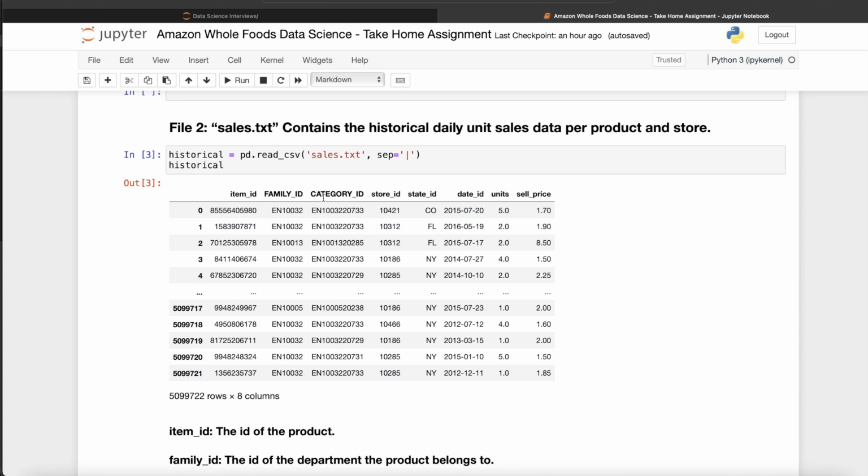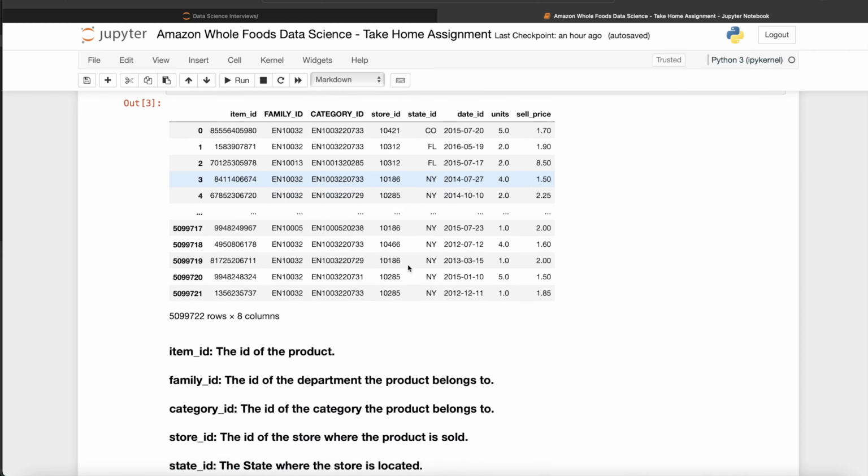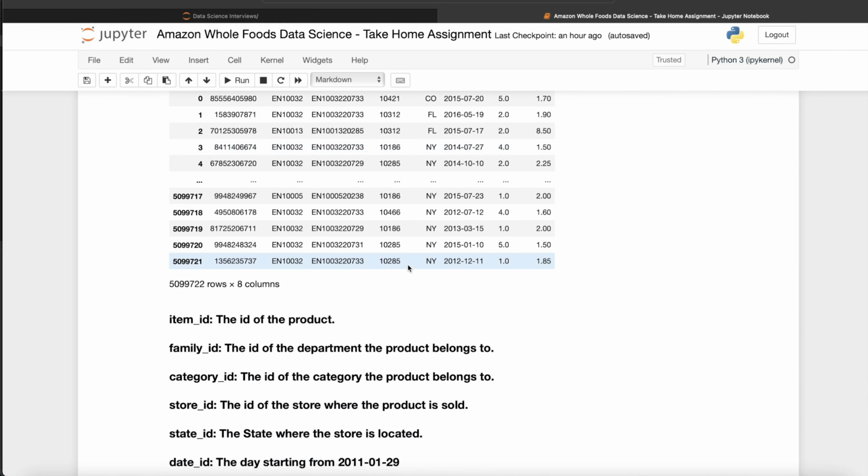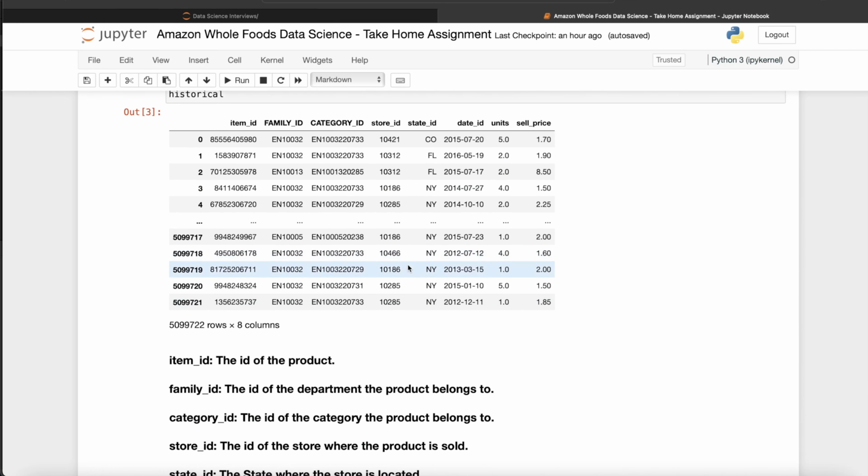Item ID, family ID, category ID, store, state, date, units, sell price. What do these different columns mean? It was explained very clearly in the email. Item ID is the ID of the product. Family ID is the ID of the department the product belongs to.